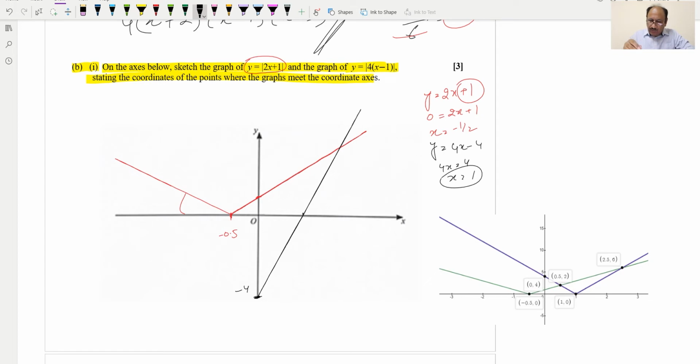I will draw only the positive graph first. This is basically the line which I have shown, y equal to 4x minus 4, but we have to shift the negative side, so I'm just drawing it separately. Positive is up to this one, and I'm drawing the negative portion also, which I will later remove.